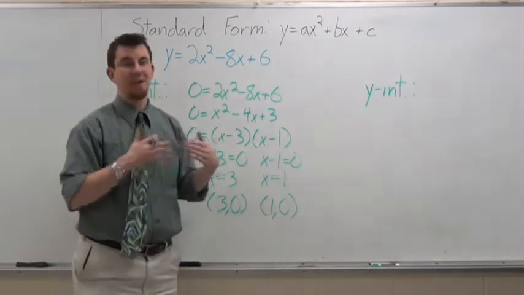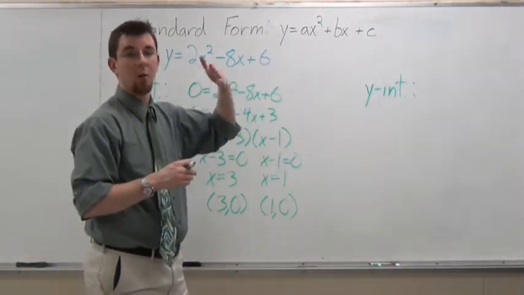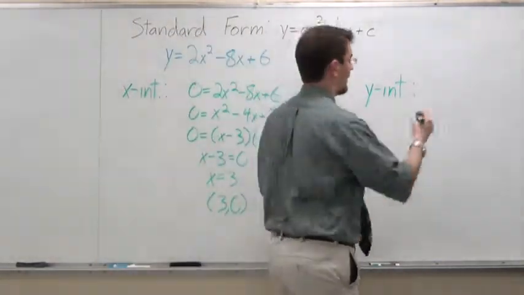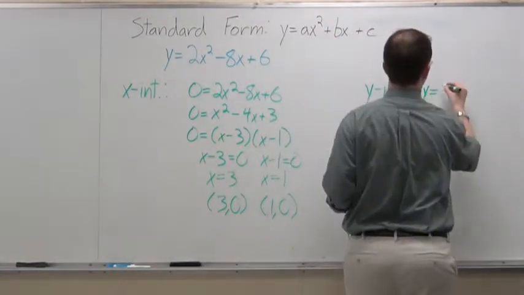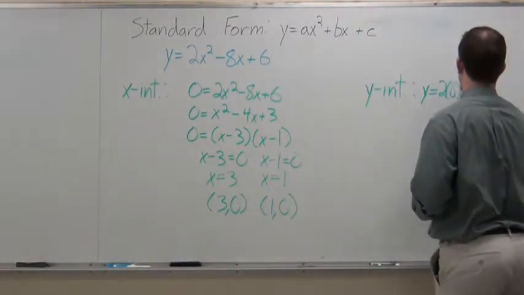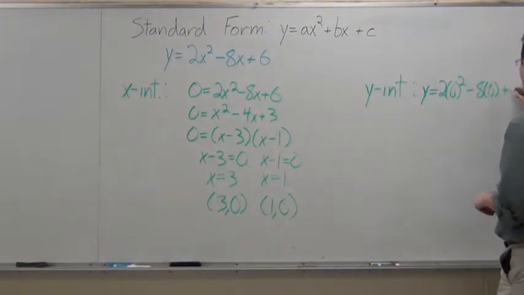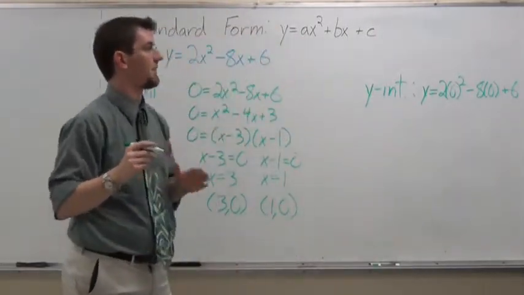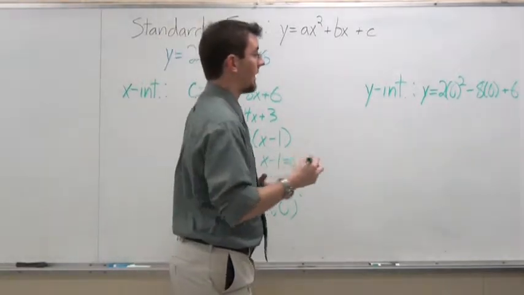The y-intercept, this one's a little bit easier, I think, because again, you're substituting 0 for the x value. So if we go to our equation, the y-intercept, when you plug in 0 for x, you get 2 times 0 squared, which will be 0, minus 8 times 0, which will be 0, plus 6.